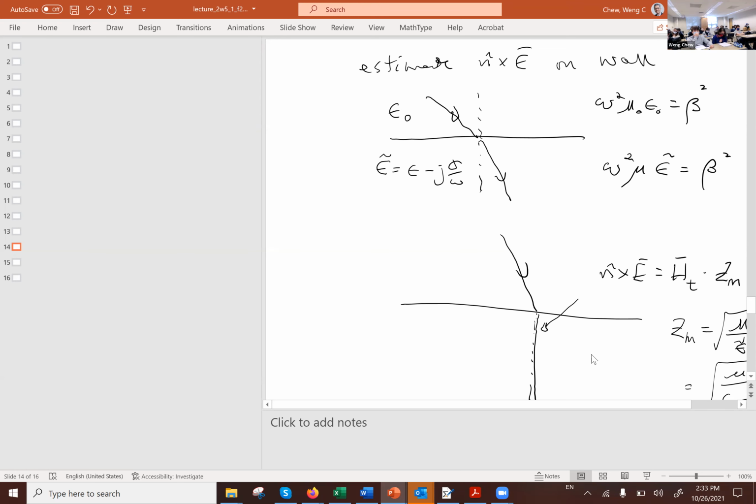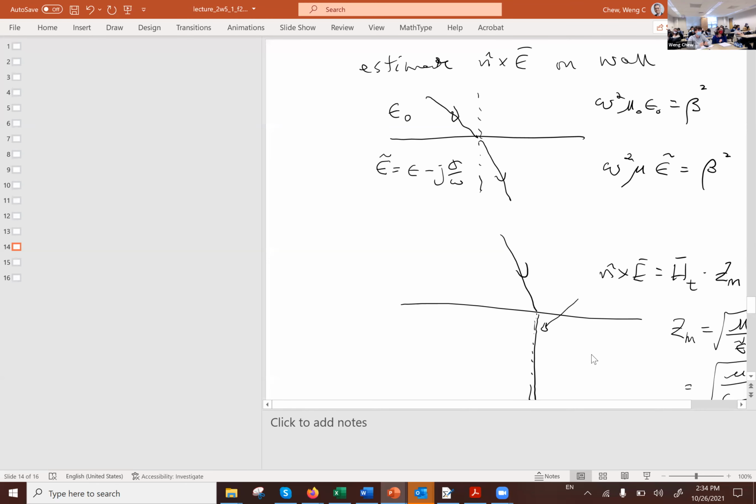But in ordinary electromagnetics, you have complex waves and complex propagation velocity. So it's not that simple anymore for the general case. But can you understand this physics?